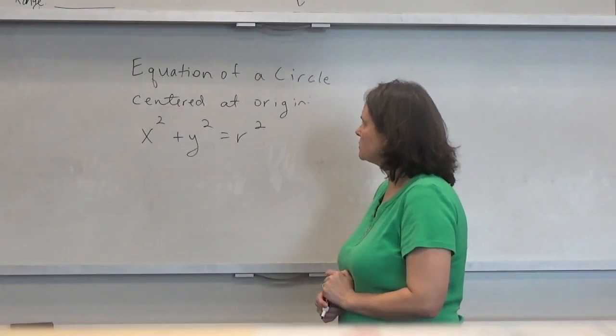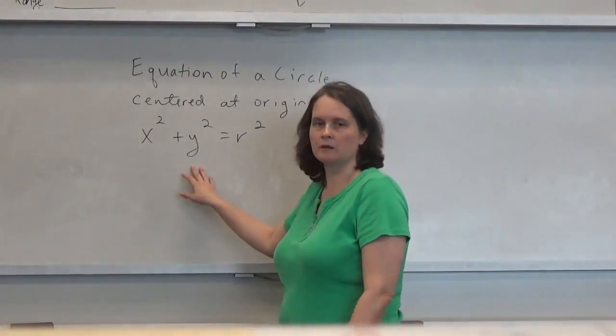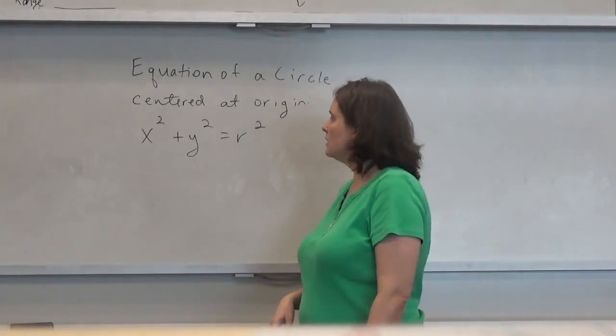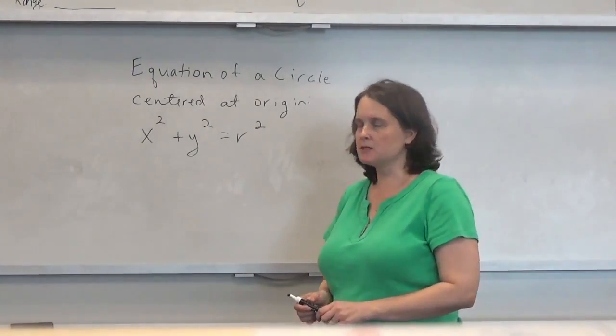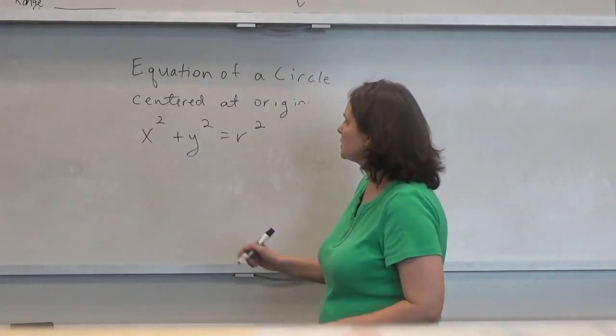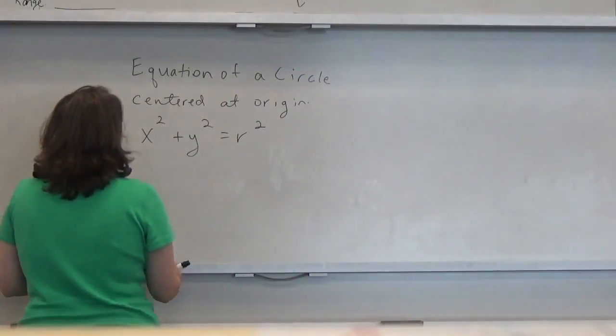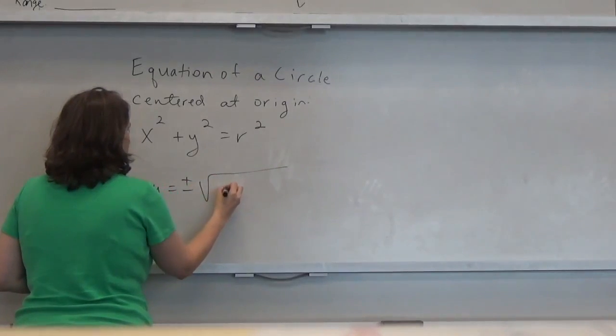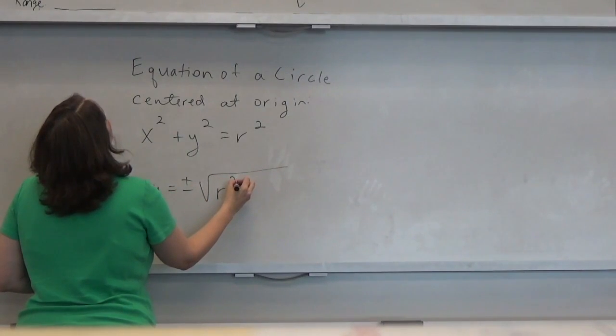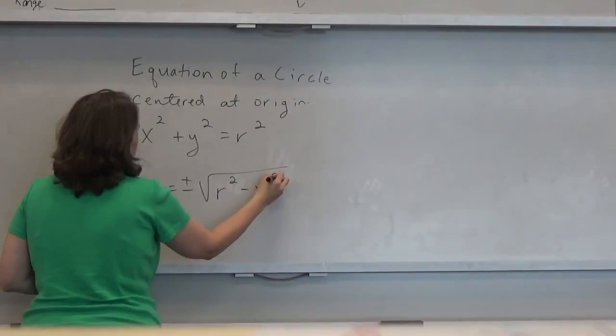But knowing that the equation of a circle is x squared plus y squared equals r squared, if we were to solve this for y, we would get the equation of a semicircle. The equation of a semicircle would be y equals plus or minus the square root of r squared minus x squared.